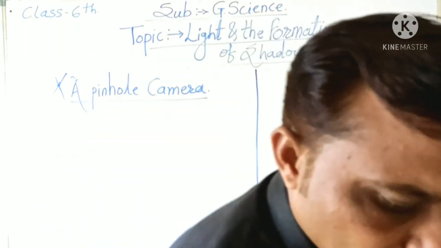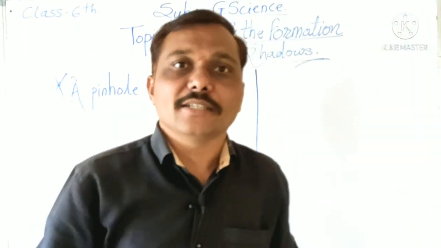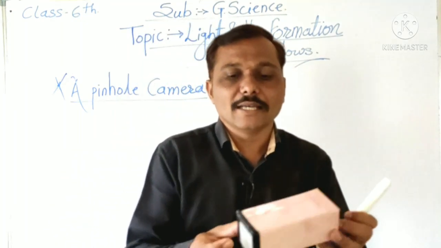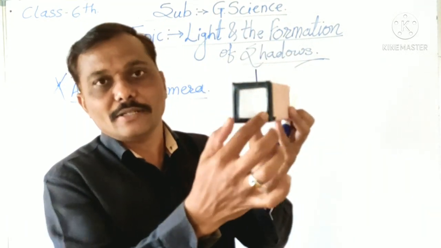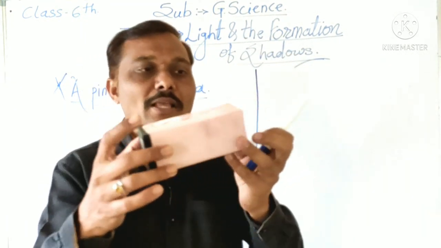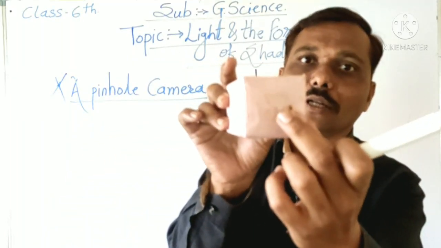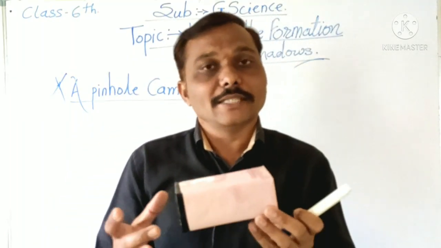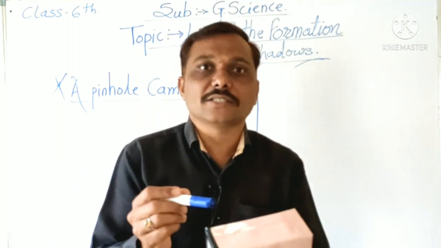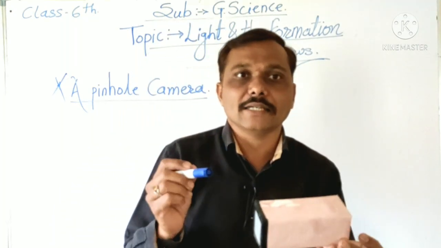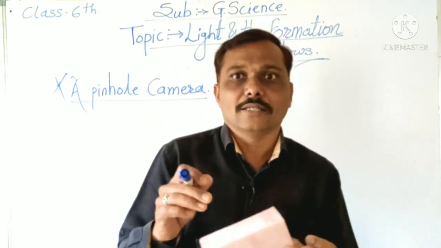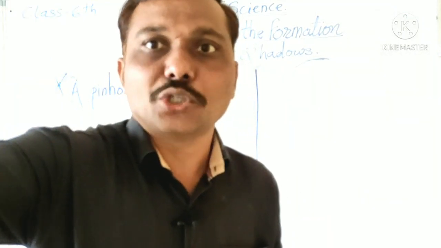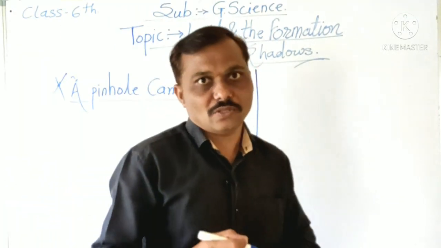So here we can make the pinhole camera like that. This is a diaphragm of the pinhole camera and this is a pinhole, and then arrange the pinhole camera and candle as shown in the figure.